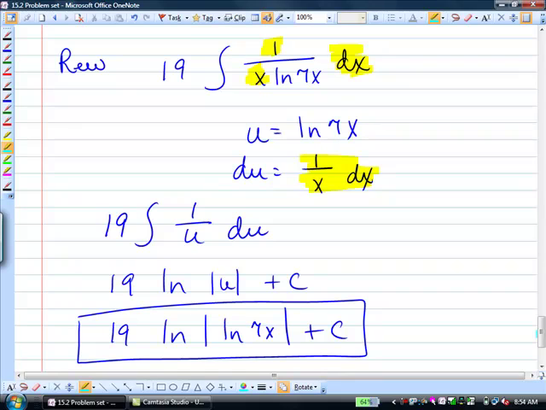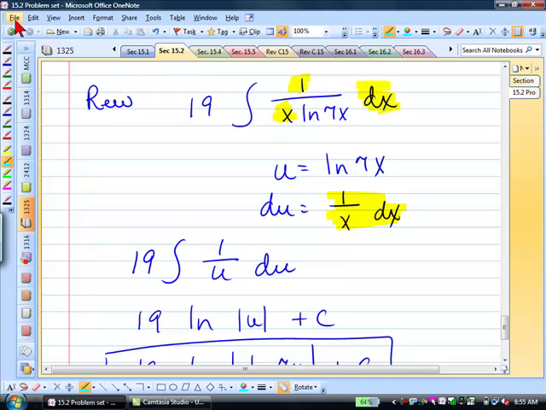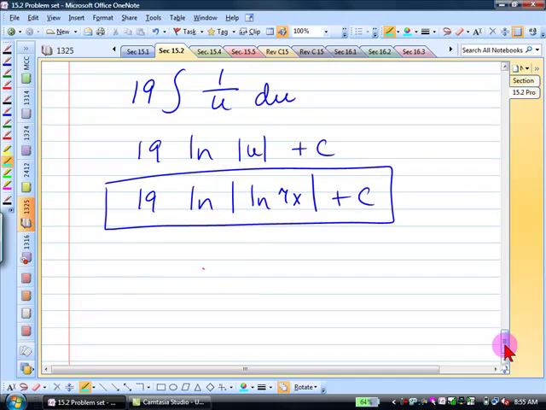So it's 19 ln u plus c, but u was ln 7x, so when you substitute back in, you get that weird answer. 19 ln 7x plus c. Questions?